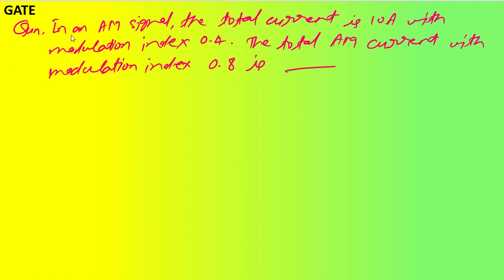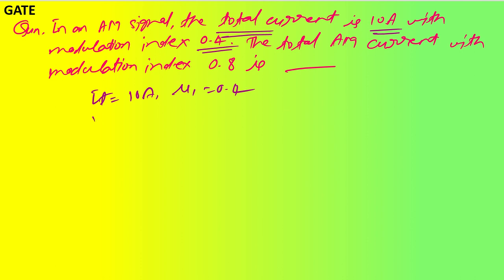The question is, in an amplitude modulated signal, the total current is 10 ampere. Okay, this is a very important question that was asked. The total current is 10 ampere with modulation index 0.4. So my IT was 10 ampere with mu1 equal to 0.4. What will be the total current of the AM signal with modulation index 0.8?